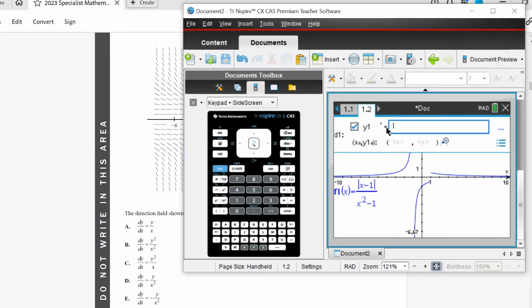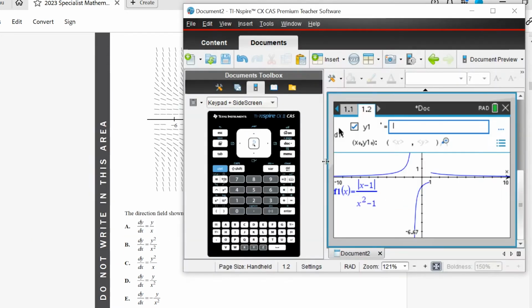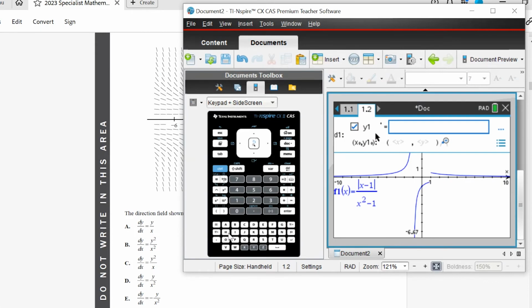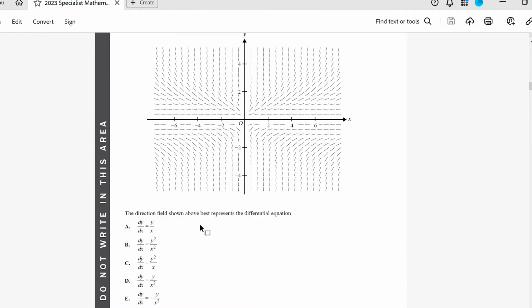Okay, so we want y1 dash, the derivative of y1, to be y squared over x. So now I believe I need to use y1 squared over x and see what that does. I could probably zoom out a bit, but it looks right. Okay, so I've got the negative gradient on the left, the positive gradient on the right. So I'll be going with option C there.